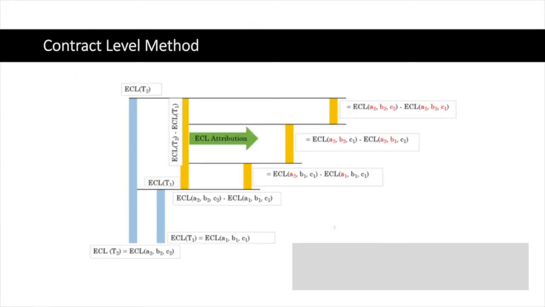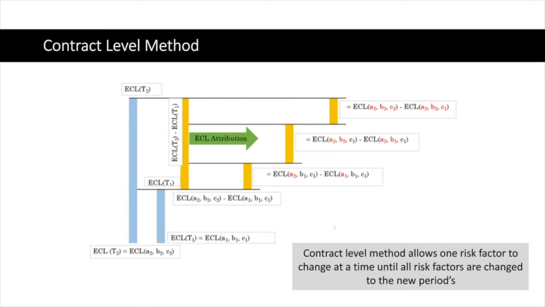So the contract level method basically takes the difference in ECL between times T1 and T2 and looks at the shared portion of the portfolio between times T1 and T2 and attributes them into the different factors. And these are shown by the yellow bars.